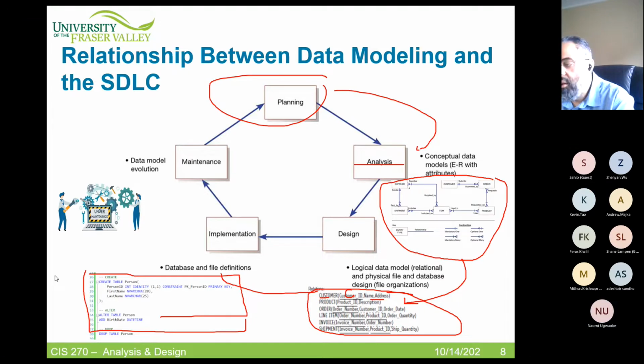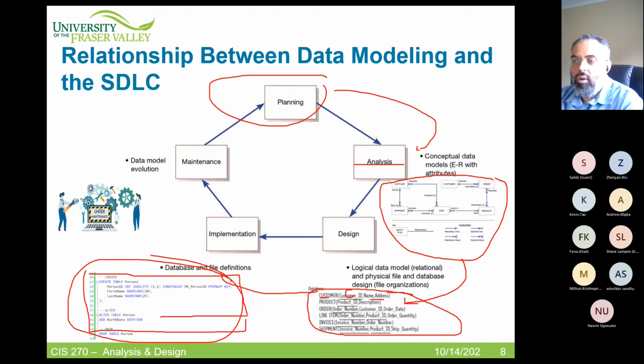This will help somewhat here, because in the database course you will go deeper into how to write a query, create this table and make this physical file. You are going to deal with a database management system, either MySQL or Microsoft SQL Server.